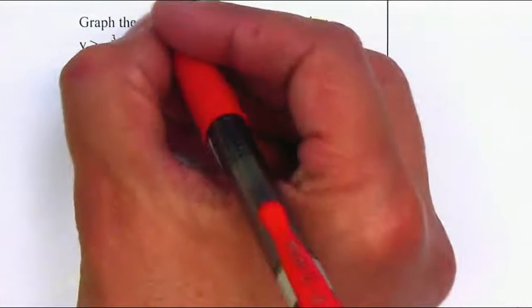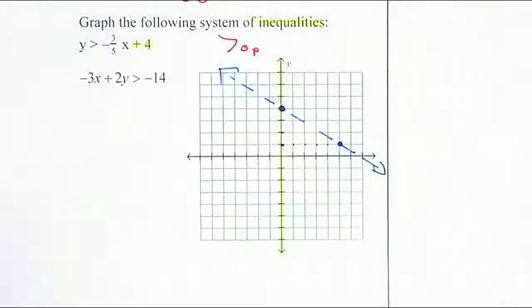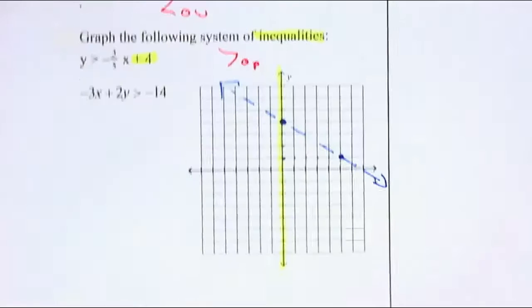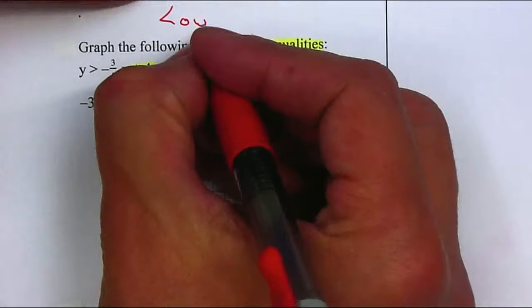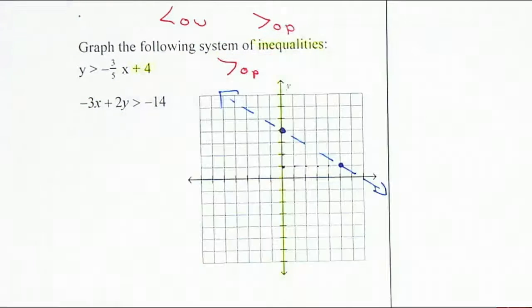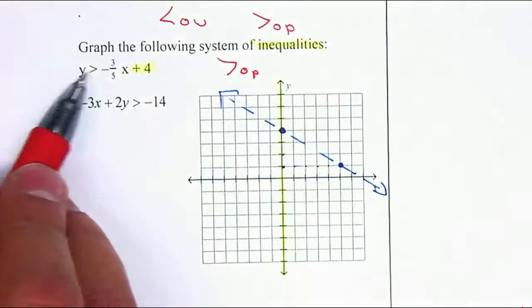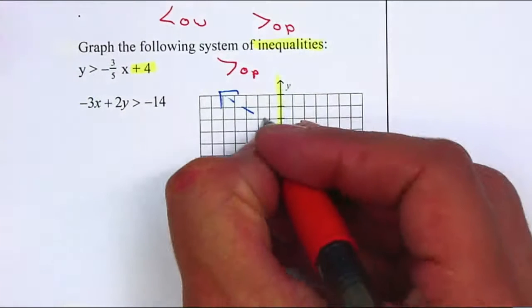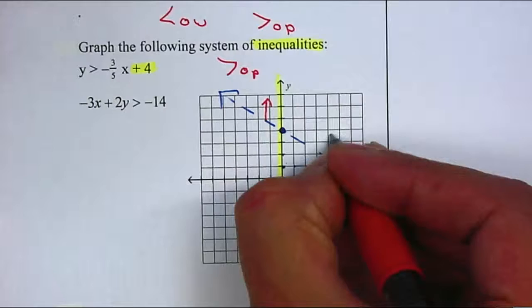If it's less than, it will be the low side, the bottom. Greater will be the top side. Just like it says, y is greater than, so all your solutions are greater than the line.